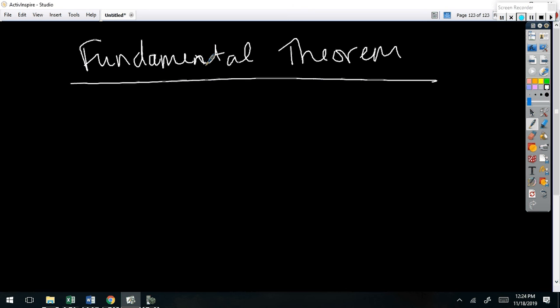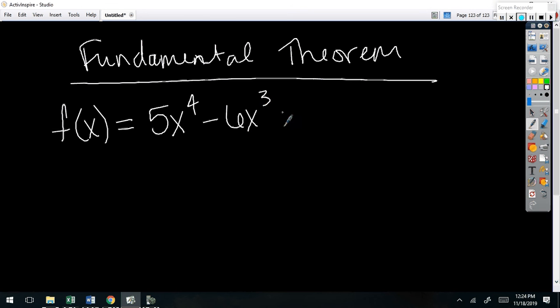Okay? So the fundamental theorem of algebra says, and it's actually of algebra, if I have a polynomial, let's say I have 5x to the 4th, tell me some things that you know about this before I tell you what the fundamental theorem is.